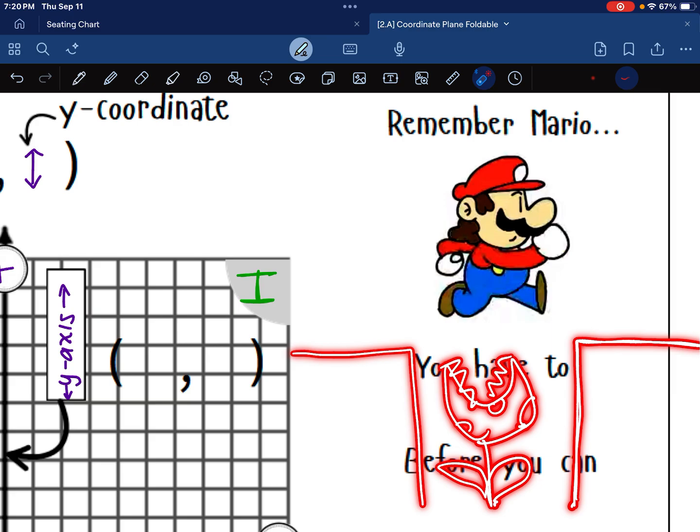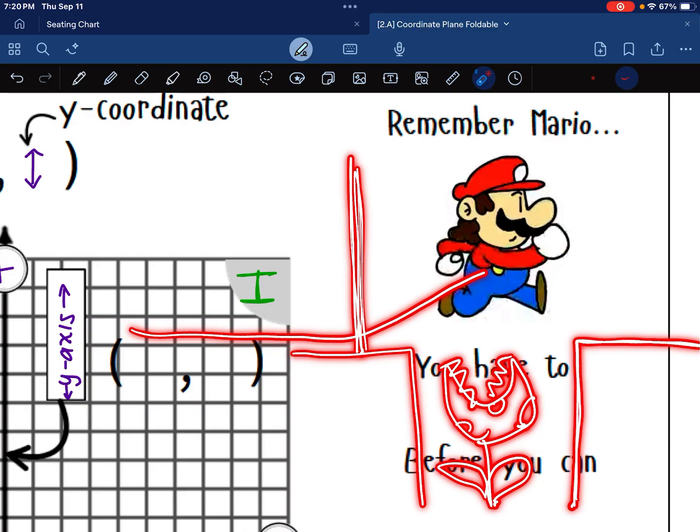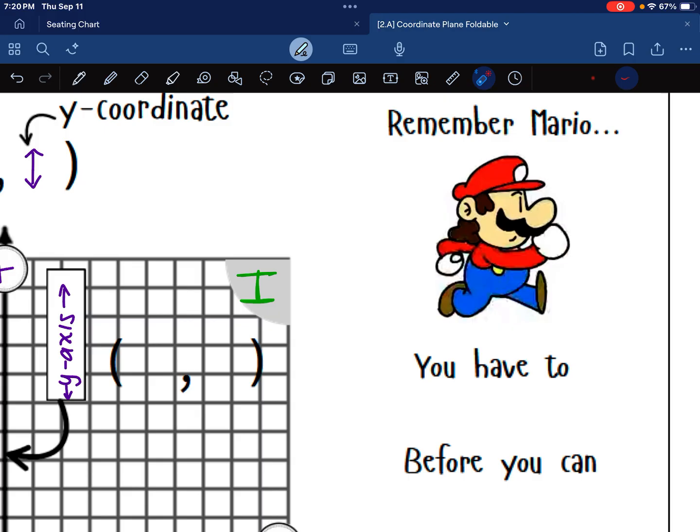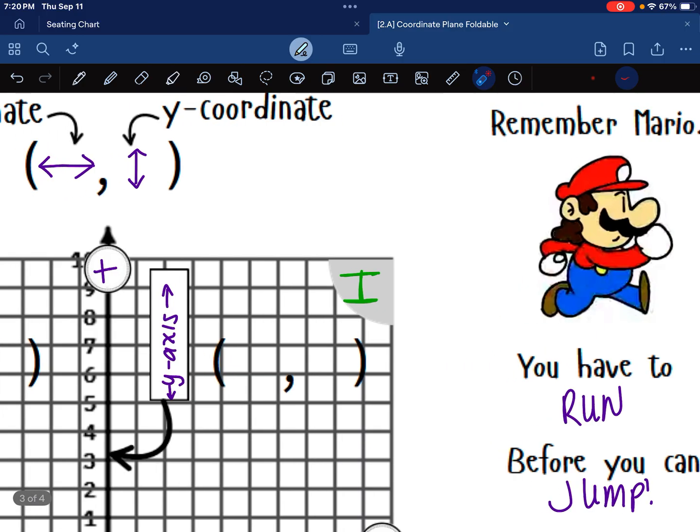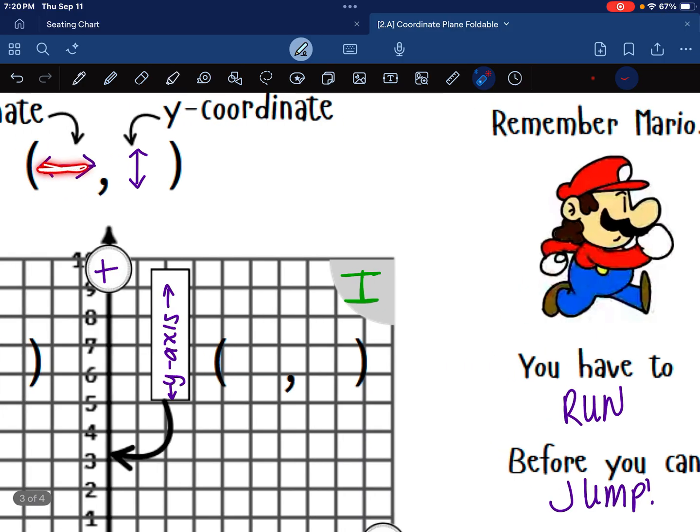Well, the thing was if you were just hitting the jump button, the A button, you would just jump up and down like this. So in order to cross the pits, you used to have to get a running leap, then jump, and you would make it over the hump there. Okay? So in Mario, you have to run before you can jump. And that's actually how I remember our ordered pairs. You have to run, which is the x-axis, before you can jump.